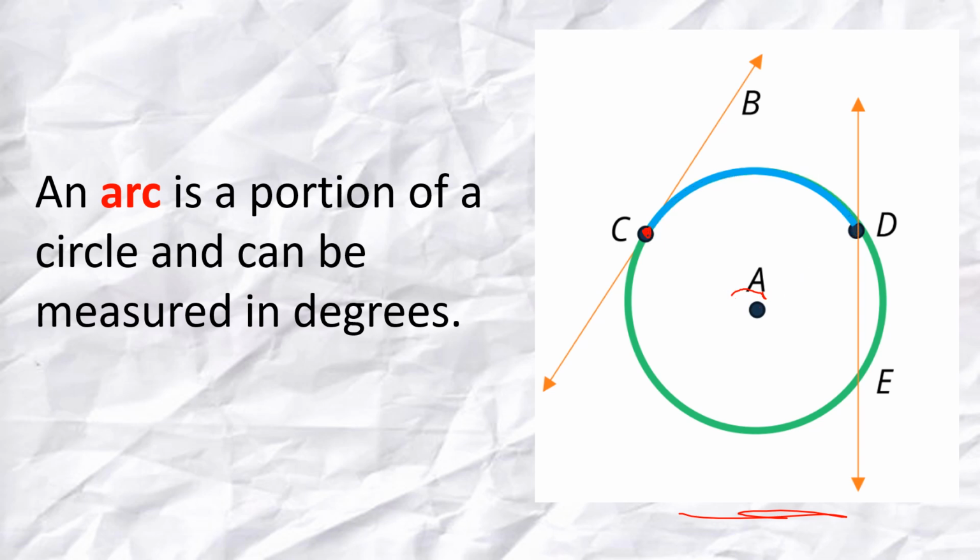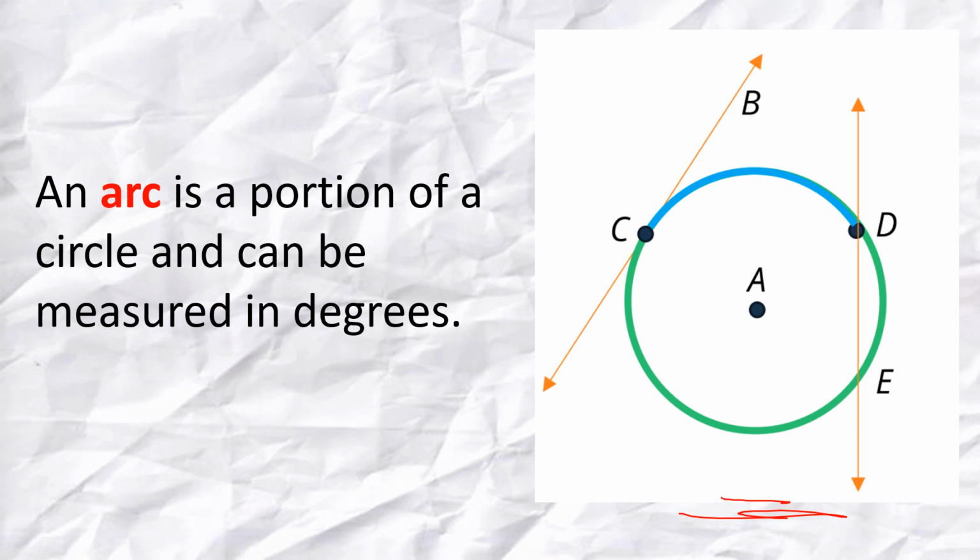If the measure of an arc is less than 180 degrees, it is called a minor arc. Two letters, which are the points that bound the arc, are used to denote a minor arc. An arc whose measure is greater than 180 degrees is called a major arc. Three letters are used to denote a major arc: the points that bound it and a third point on the arc between the endpoints.